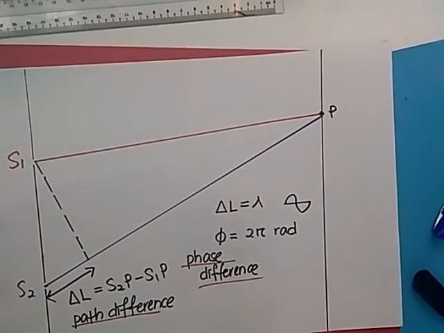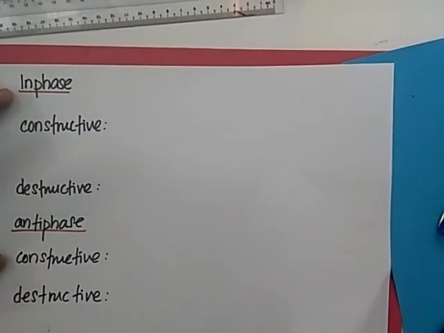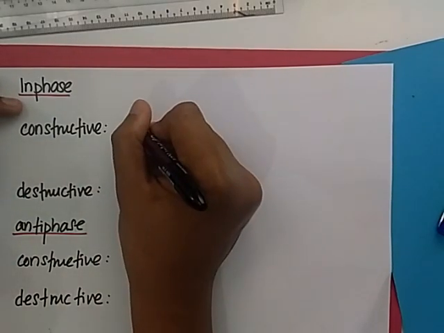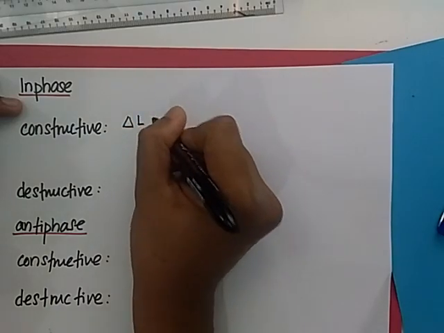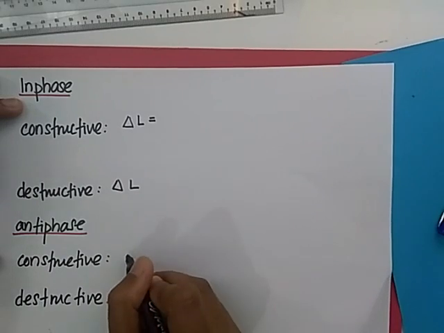Okay, kenapa kita nak bincang tentang path difference dan phase difference? Because we want to discuss about the condition for constructive and destructive interference. When we discuss condition for constructive interference and destructive interference, kita nak tengok apa dia value delta L bagi setiap kes.